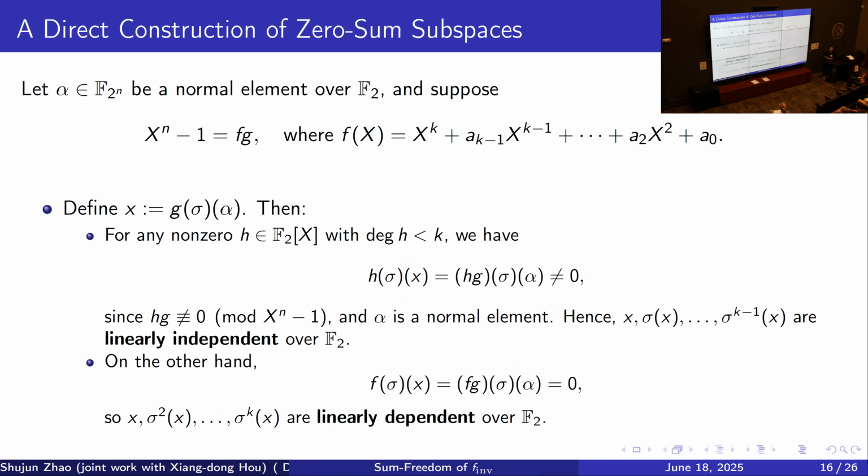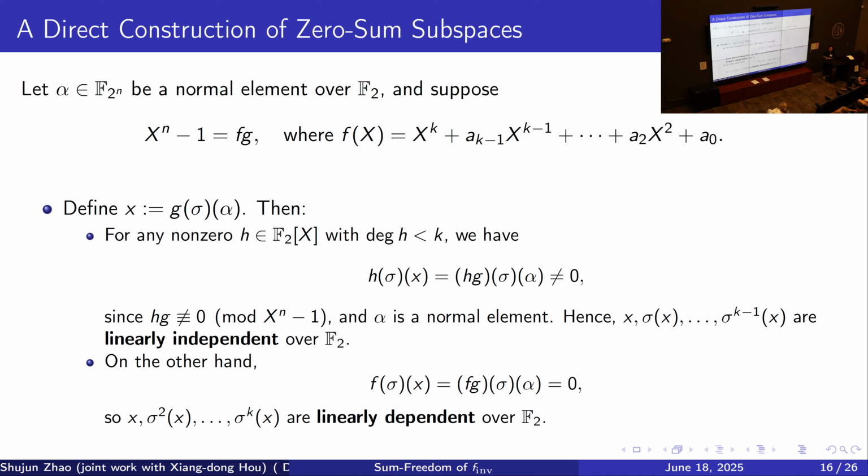Let's go. So here we will take alpha to be a normal element and construct the x using it. First, we write x^n minus 1 as a composite of f and g. So f is as given before and g is the other factor. And we take x to be g of sigma evaluated at alpha. Because sigma is an automorphism, g of sigma is like another automorphism.